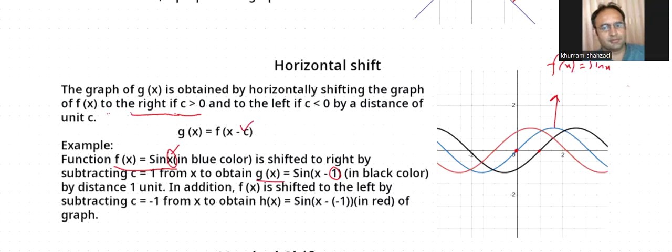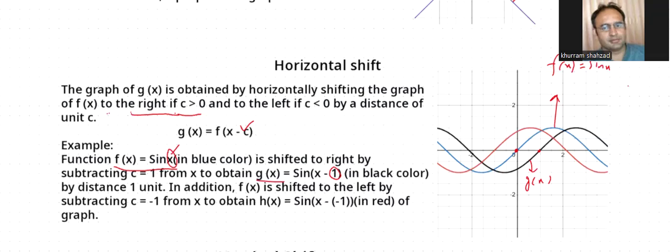So this graph is shifted to the right side. This was the graph of f of x. This black graph is for g of x, which is equal to sine of x minus 1. So if we subtract any positive number from x, this graph will be shifted to the right side.